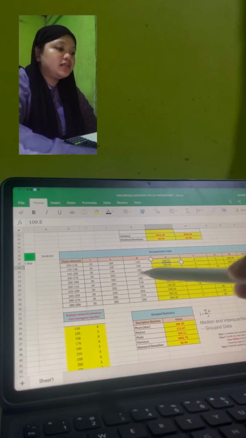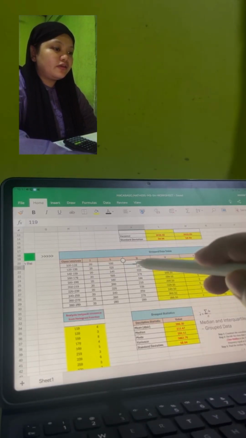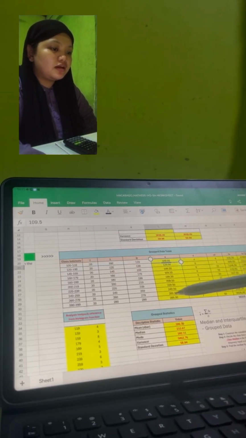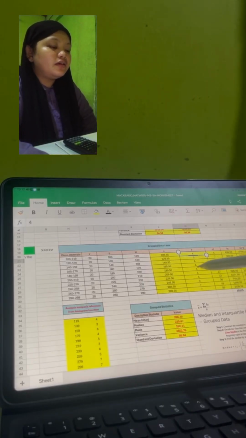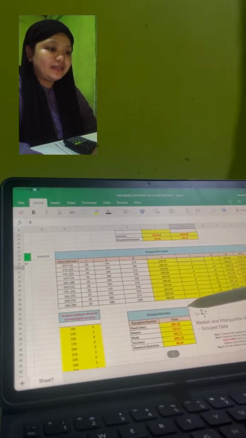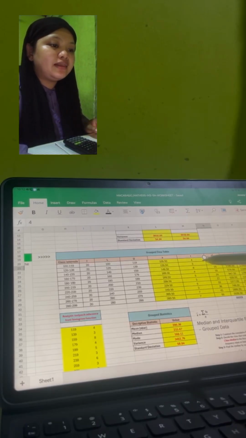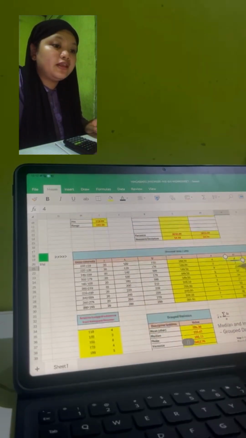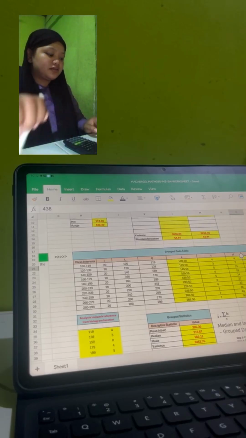You're just going to add the class limits, 100 and 119, and then divide by 2, so you get the midpoint, and the rest of the answers here. The frequencies used here are already given by the sample, and then the CF: you put 4, add 3, you get 7, then 7 plus 8, you get 15, then 15 plus 4, you get 19, and the rest goes like that.